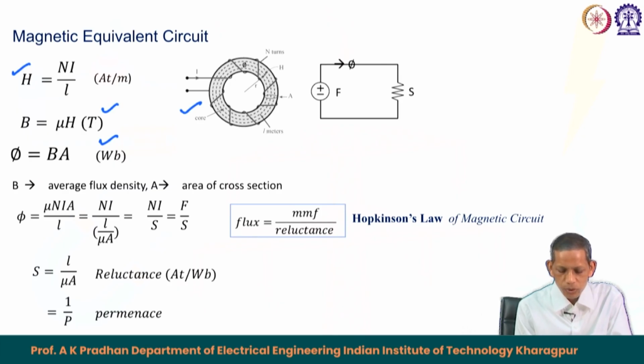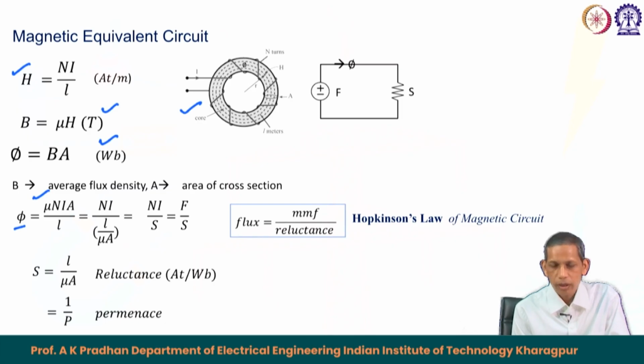Now, from the above three relations, flux phi equals B into A, but B equals mu into H and H equals N I upon L. Substituting that, we get phi equals mu N I A upon L, and manipulating that we get phi equals N I upon L upon mu A. So, this becomes N I upon S, where S equals L upon mu A, and this is called the reluctance of the magnetic path, where the magnetic path is the path established by the flux phi in the core.